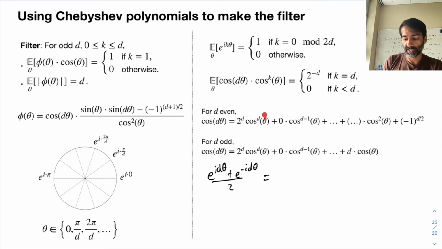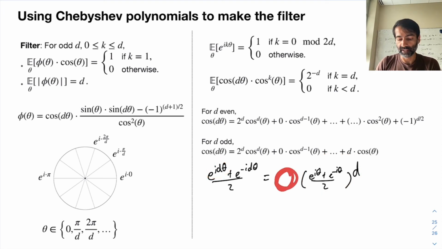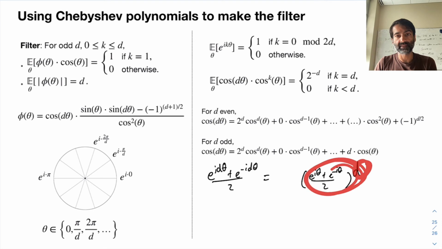When you write down the expansion for cosine d theta, for example, you get e to the i theta plus e to the minus i theta divided by 2, to the power d, and you see that this is the only term that contributes phases as large as this in this identity, and that narrows down the coefficient that needs to be here. Similarly, to see that the even terms don't show up, if you have an even power here, then the phases that come out of this are all going to be even, and that shows that they cannot contribute.